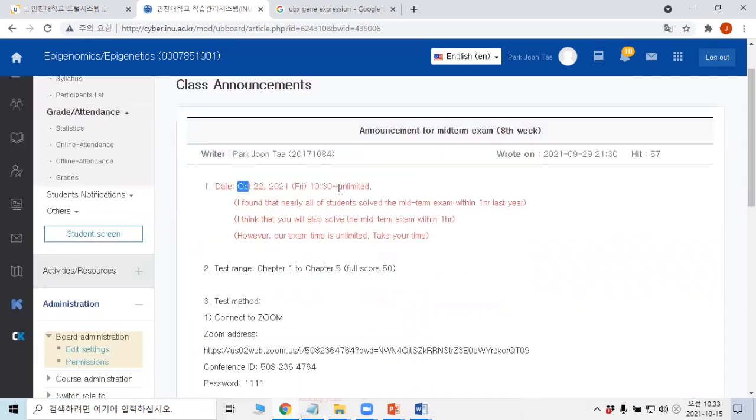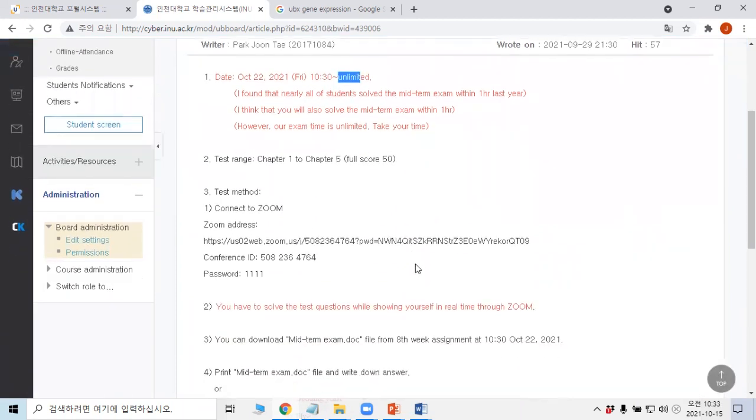The test time is unlimited, so take your time. Our test range is from chapter 1 to chapter 5. Today we will cover part of chapter 3, and chapter 4 and chapter 5.